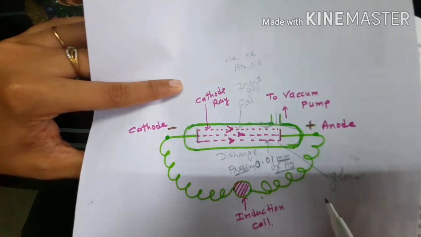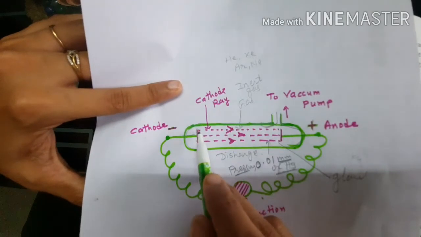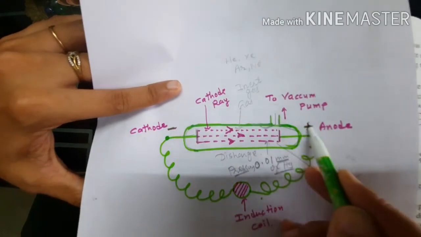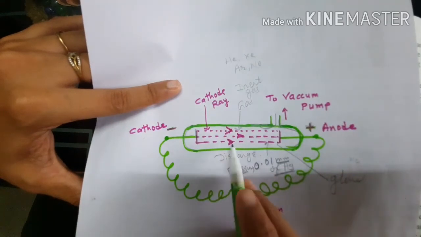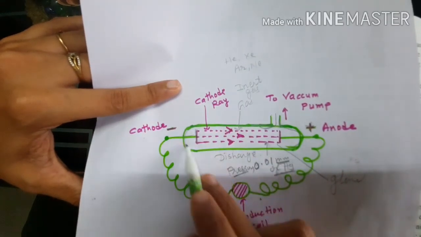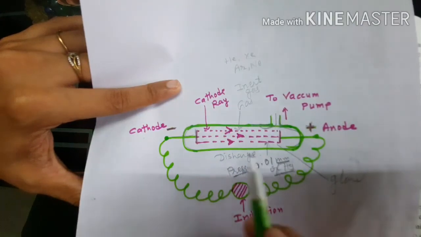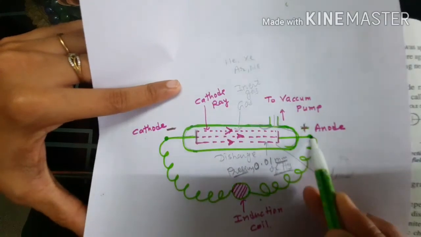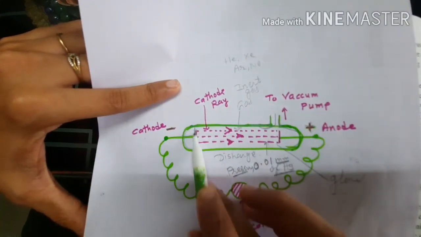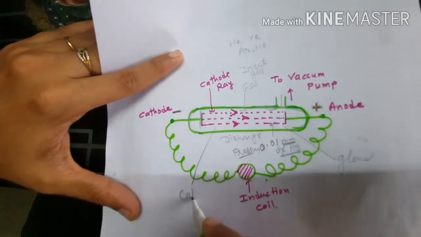He observed that one type of rays was passing from the cathode to the anode, and that is why the tube glows. Since the rays come from the cathode, those rays are known as cathode rays.